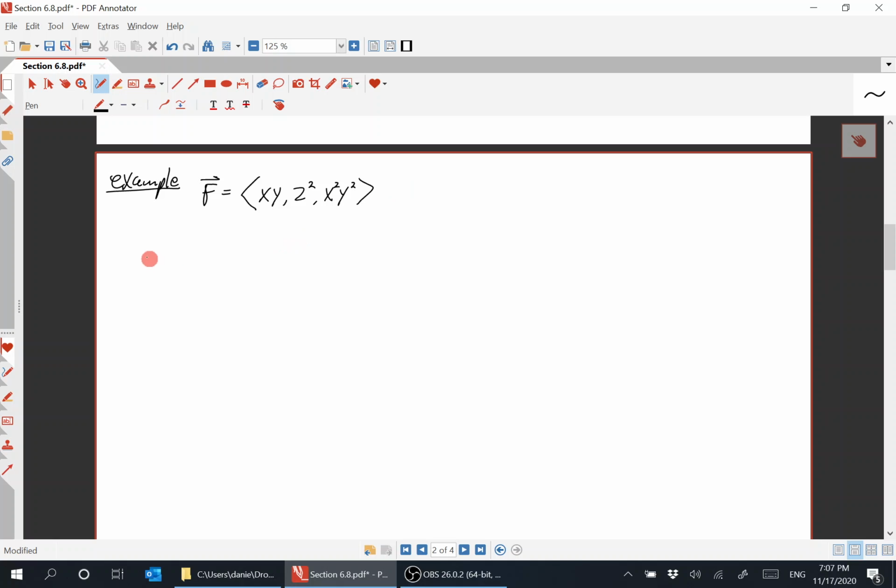And S is the cube shown here. So 0 to 1 for x, 0 to 1 for y, 0 to 1 for z. So it's just this cube whose sides have unit length. So S is the cube, again oriented outwardly.